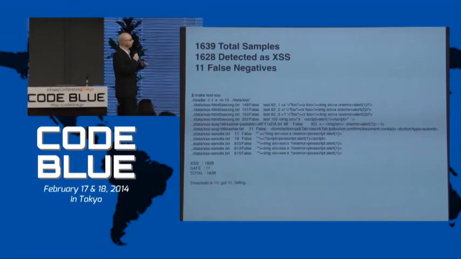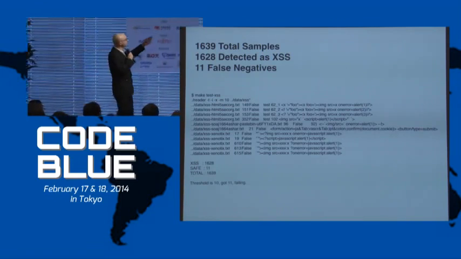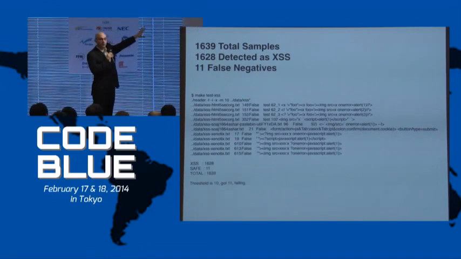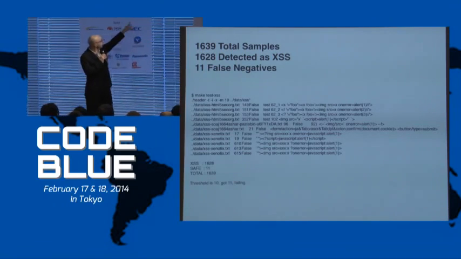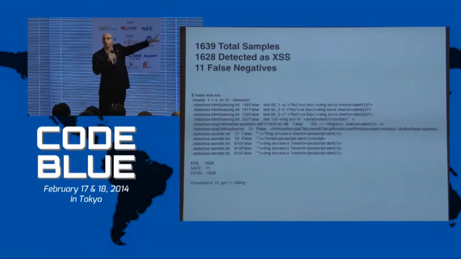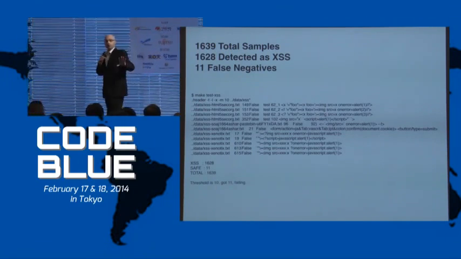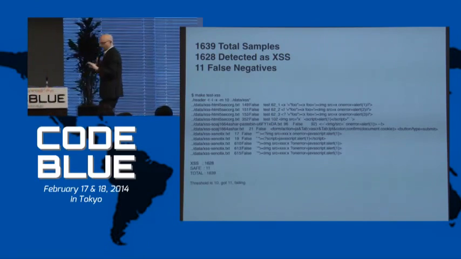I collected all these sources, and I got about 1,600 unique XSS samples. I ran it through, and almost every one is detected, and there are 11 it's not detecting.